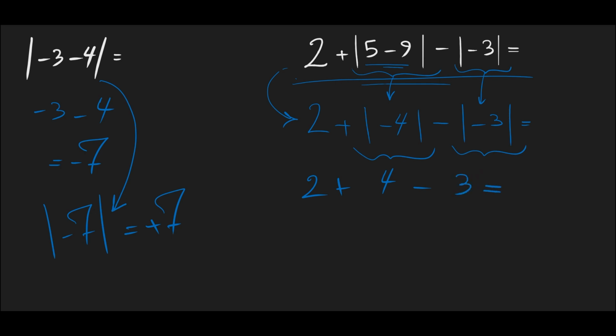So now we have 2 plus 4 minus 3. So 2 plus 4 is 6 and 6 minus 3 is 3. Which means that this original expression, 2 plus absolute value of 5 minus 9 minus absolute value of negative 3, is equivalent to just 3. Or we can simplify that expression to just positive 3.